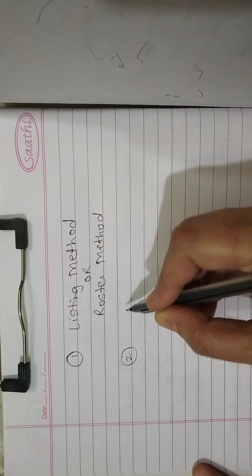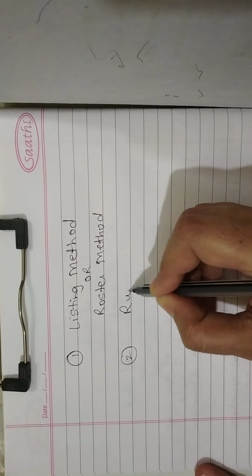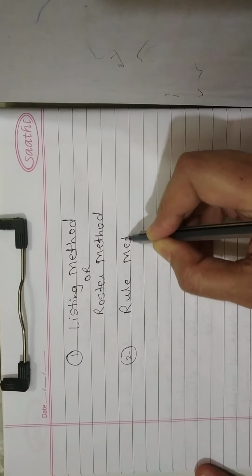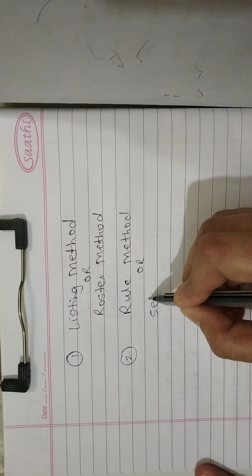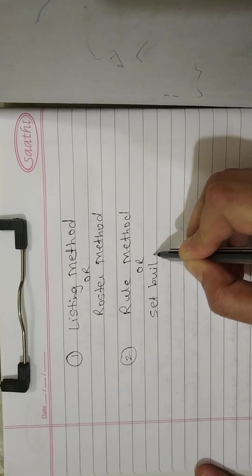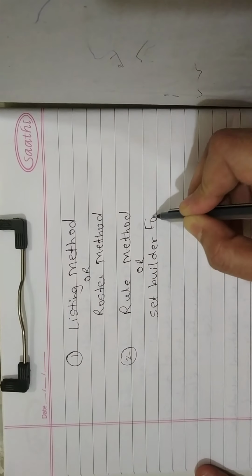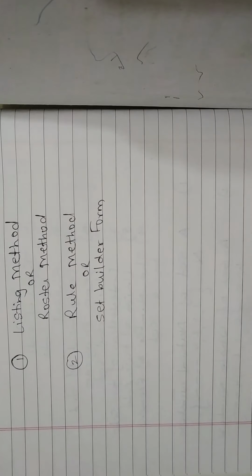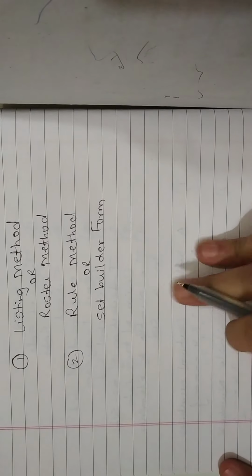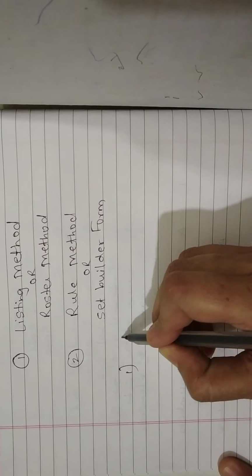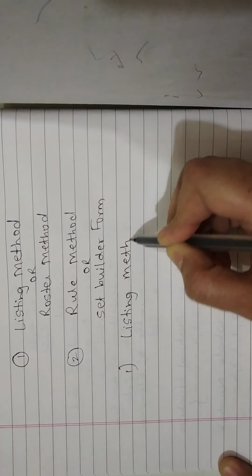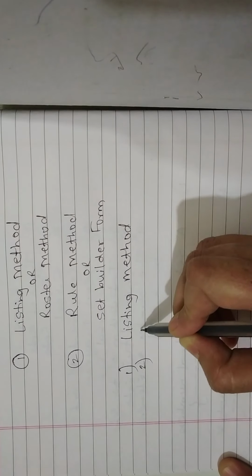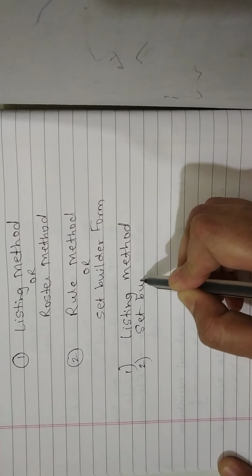The second method is rule method, or set builder form method. We'll use any one name for this. First we'll use listing method for the first method, and set builder form method for the other.